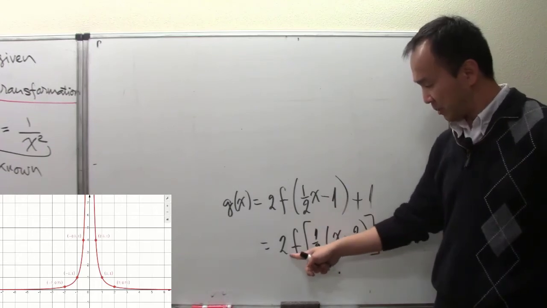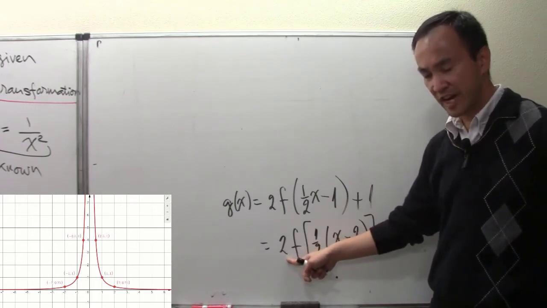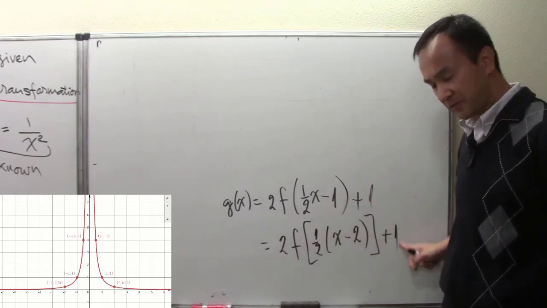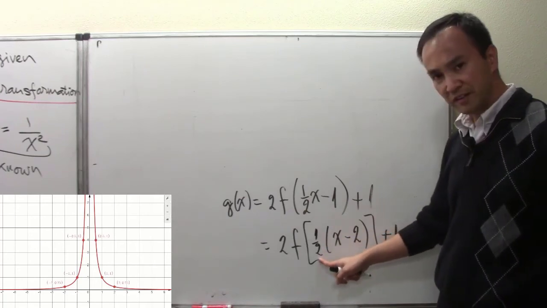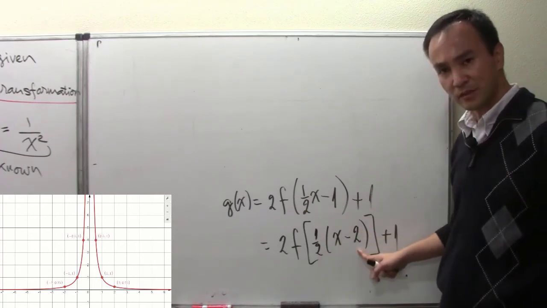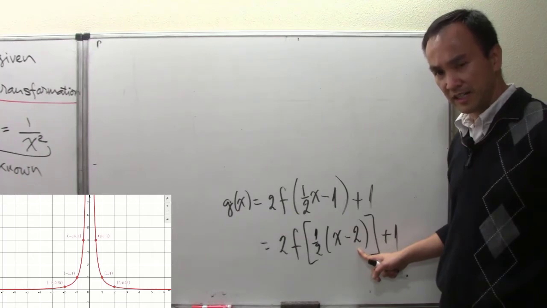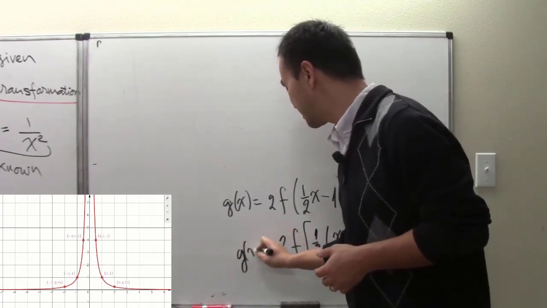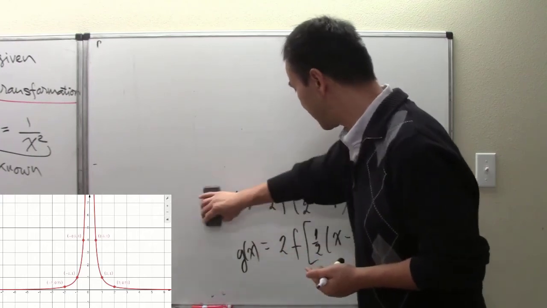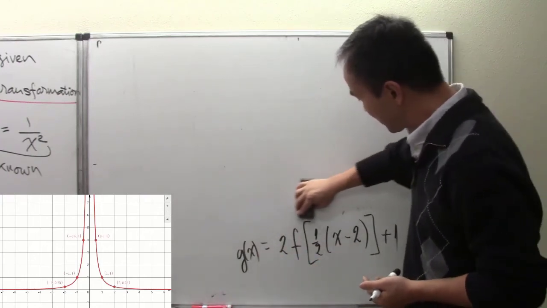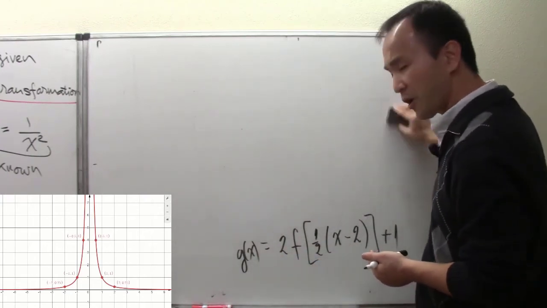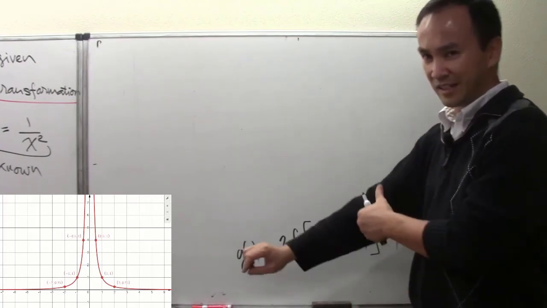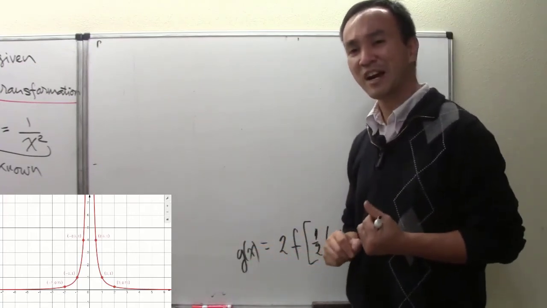So this is responsible for vertical scaling, vertical shifts, horizontal scaling, and horizontal shifts. All right, so keeping that in mind, allow me to erase this line because I need more space to draw my table that lists all of the guiding points. It's not a table of values to construct the graph from scratch.